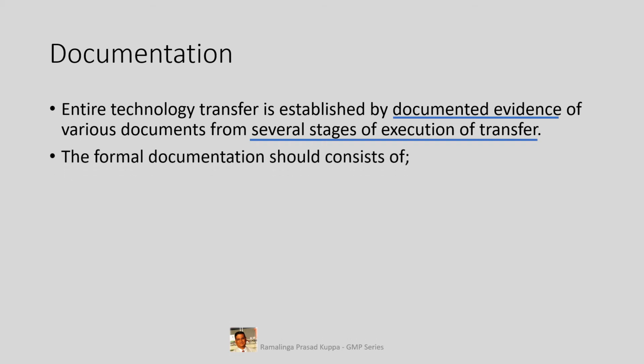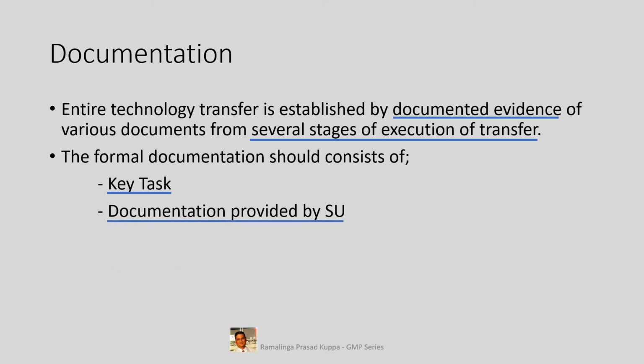The formal documentation system should consist of key tasks, documentation provided by the sending unit, and the transfer document. Guideline recommends to use these aspects in a tabulated form with these headers.